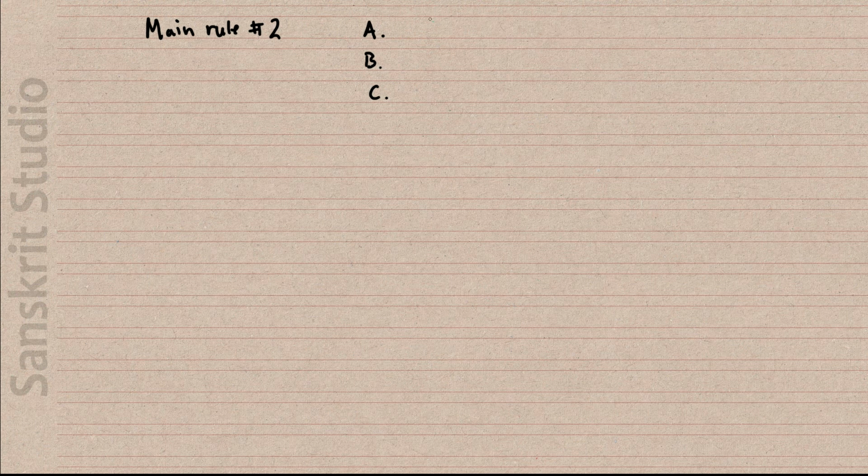The first rule is: second person overrides third person, or trumps, or overtakes, or wins over.